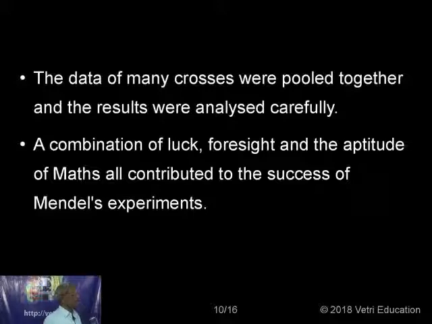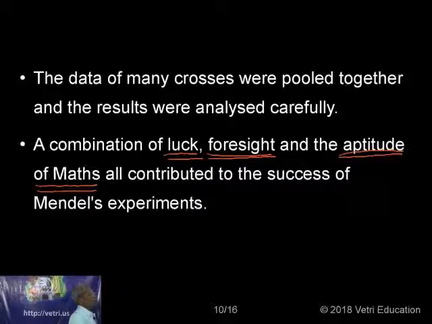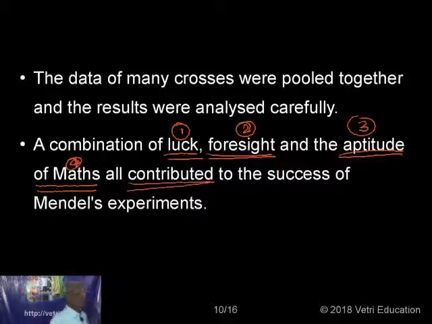A combination of luck, very important, foresightedness, the aptitude to carry out the experiment, and his interest in mathematics, his knowledge of mathematics. All these four: luck, foresight, aptitude, and his interest in mathematics. These four things contributed to the success of the mentor.